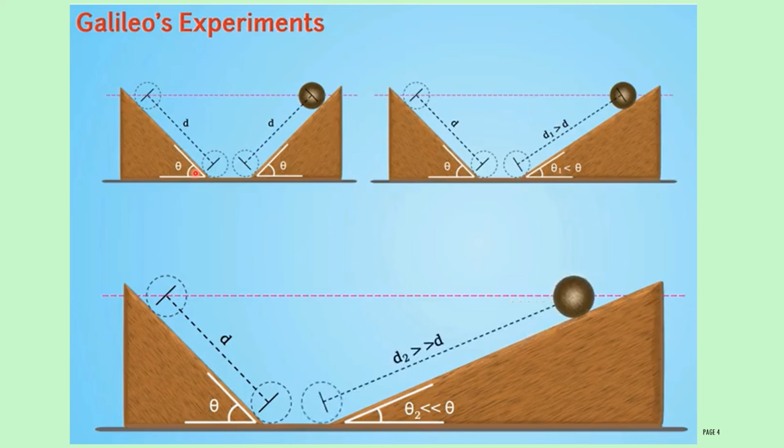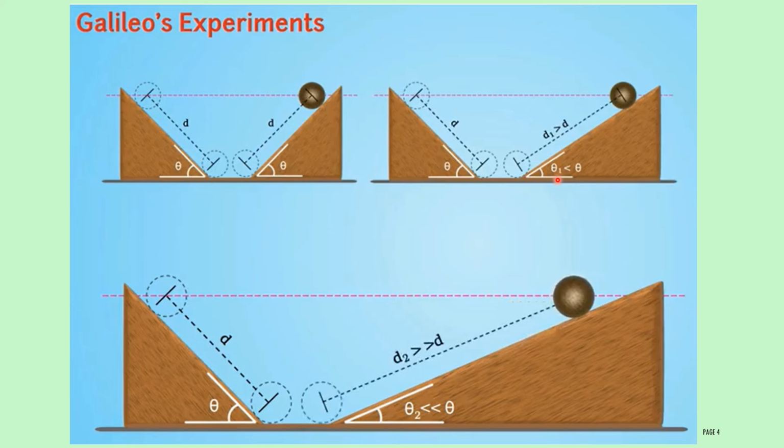Galileo's experiment. Here consider two inclined planes. If the angle of the two inclined planes theta is the same, then the ball covers equal distance to reach an equal height. Consider the first case here.